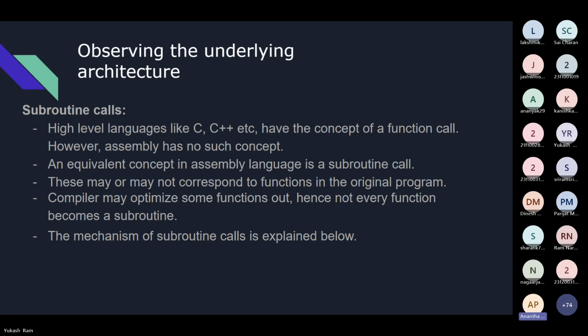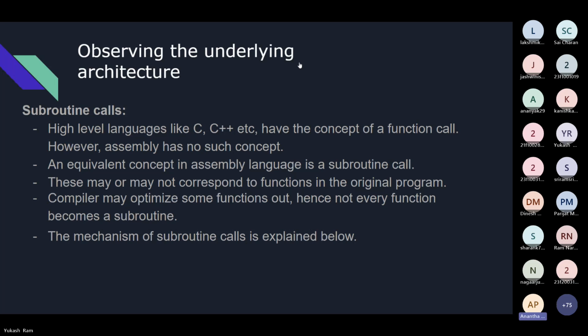How this translates into assembly is something called a subroutine call. When you see the assembly of a program, there will be a few subroutine calls. It might not be for the functions which you have given. Suppose you call printf, then that will also have a similar thing.